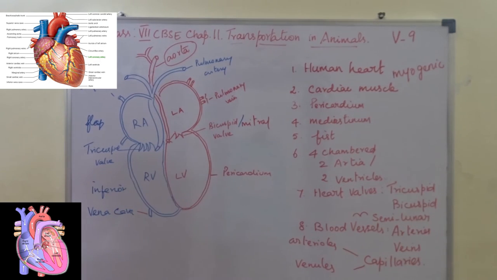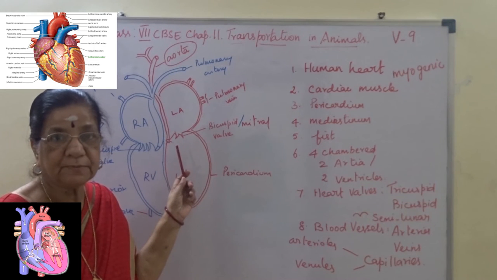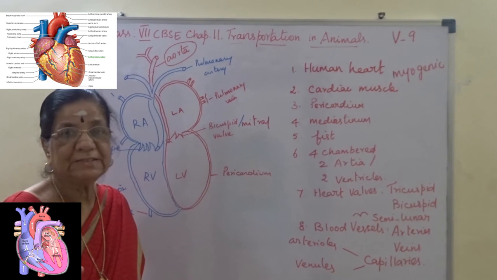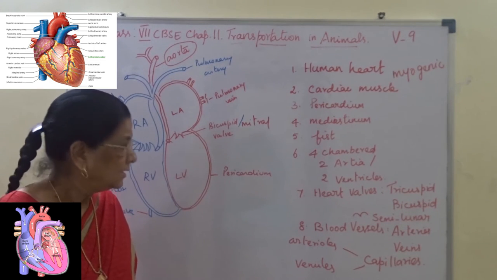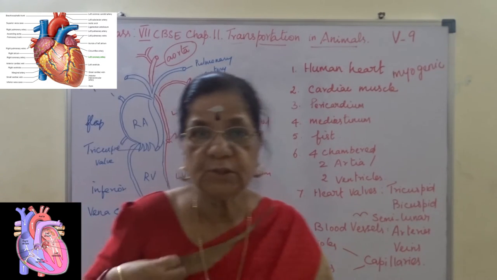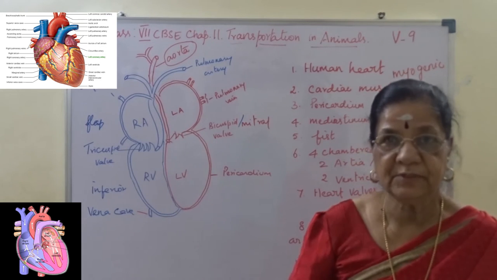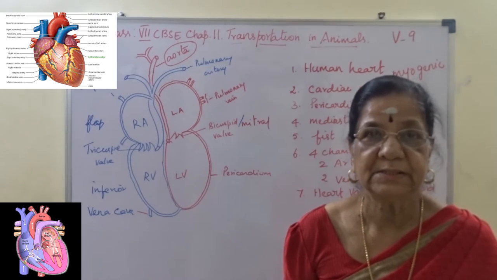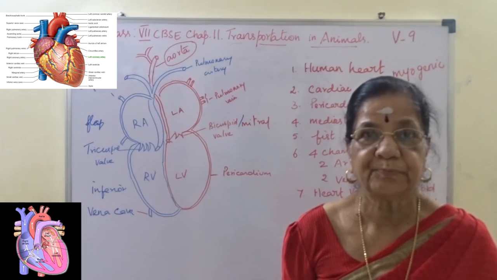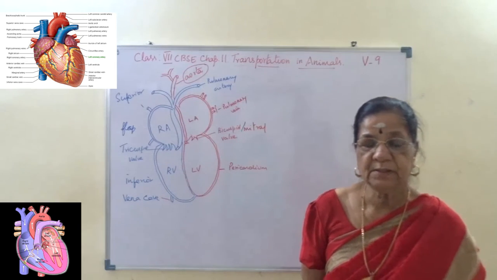So now, so far we have done the structure of the heart, then valves present in the heart, and then blood vessels. Blood vessels: aorta and vena cava, and then arteries, veins, and capillaries. Shall we continue? So now, what have we covered?